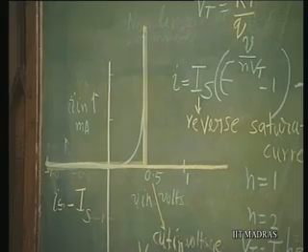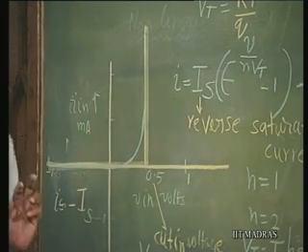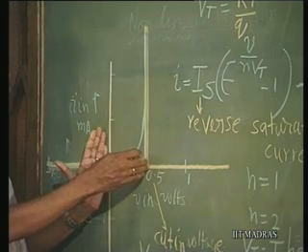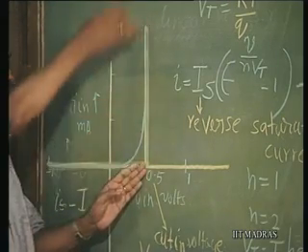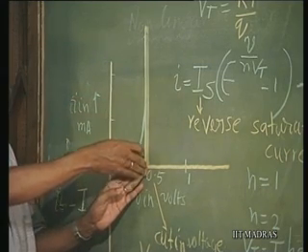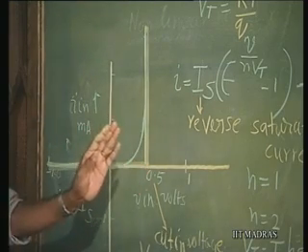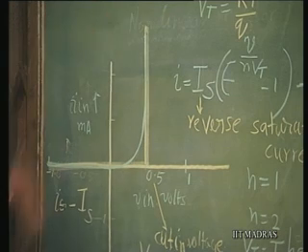A semiconductor diode therefore is not exactly the same as an ideal diode, but is supposed to behave like an ideal diode beyond the cut-in voltage. So, at or beyond the cut-in voltage, the current is going to increase enormously, that is, above the cut-in voltage the current is permitted to flow.